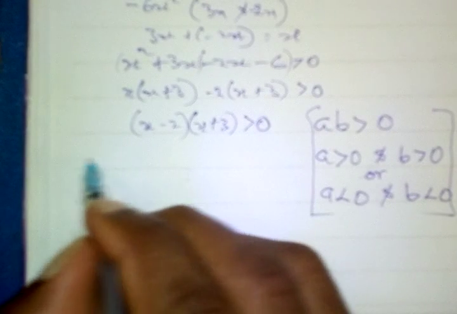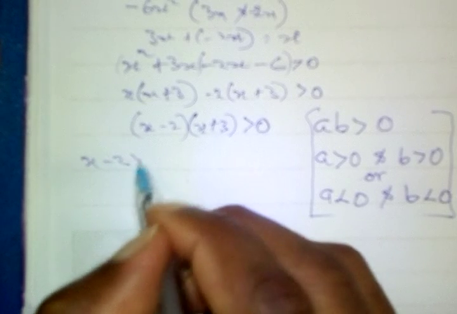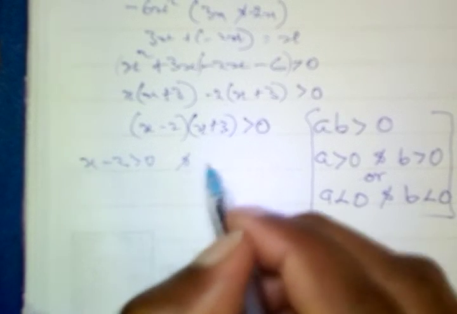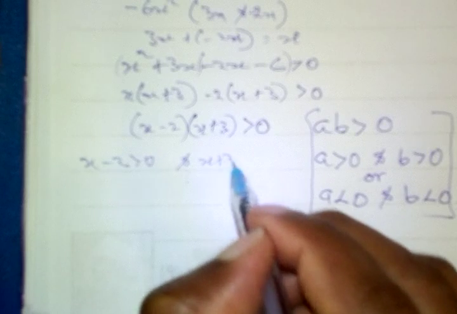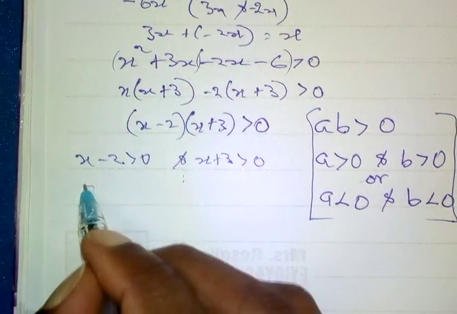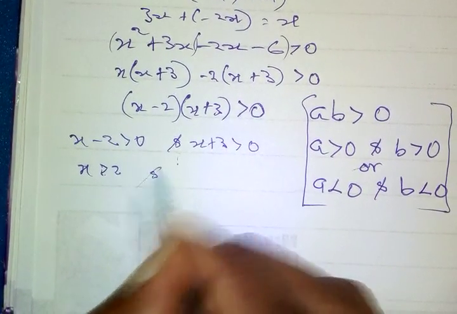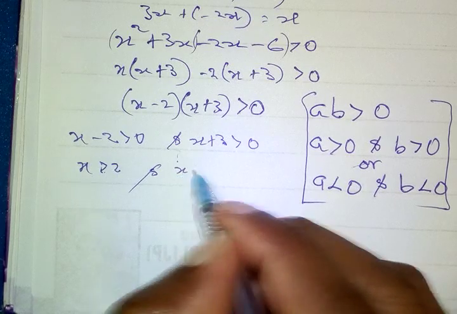It's either x minus 2 is greater than 0 and x plus 3 is also greater than 0. And when this happens, it means that x is greater than 2 and x is greater than minus 3.